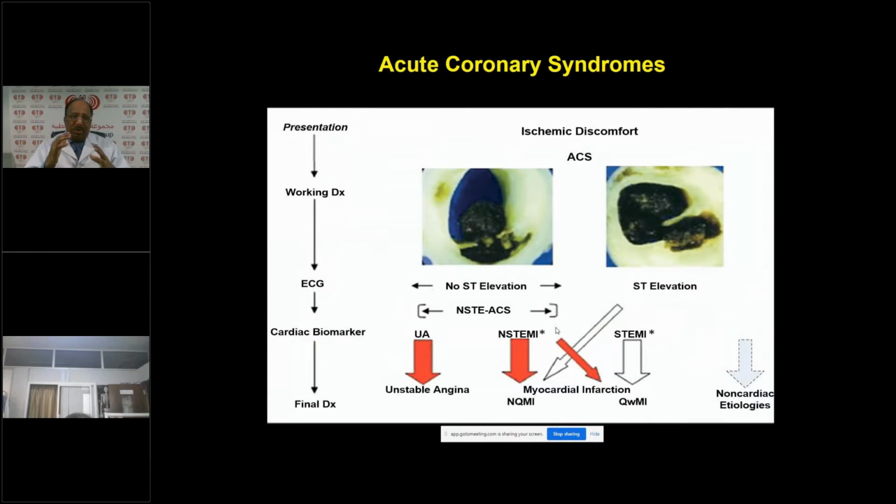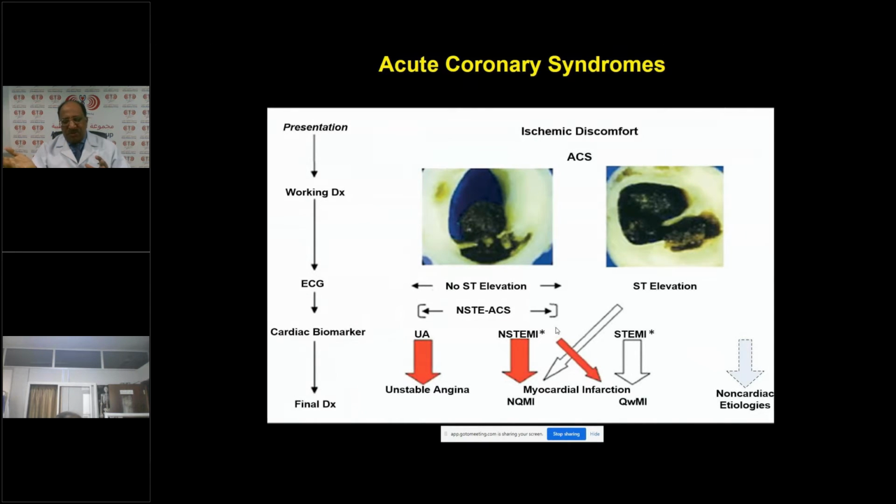Now, when you confront a patient with ischemic chest pain, the first working diagnosis is ACS when the patient comes to the casualty. And then the ECG is taken. If the ECG shows persistent ST elevation, it's called STEMI.